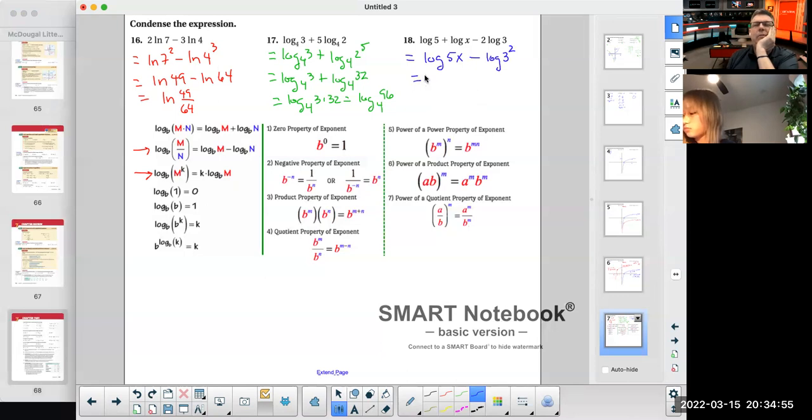Good. So that's log 5x minus log of 9, isn't it? And then we use the subtraction and we can do that. Yes? Yes. All right.